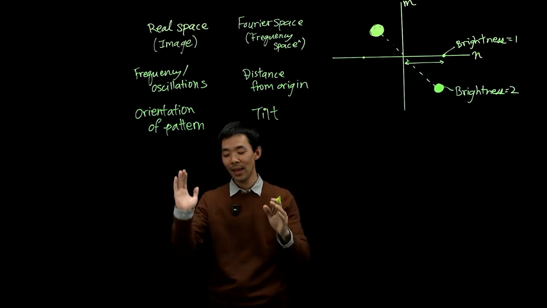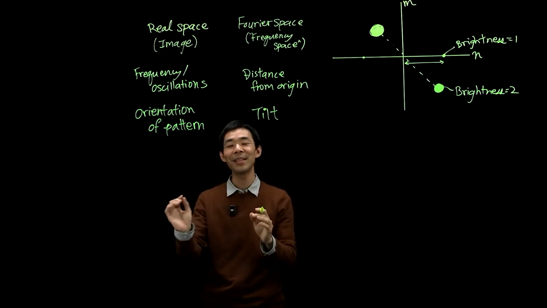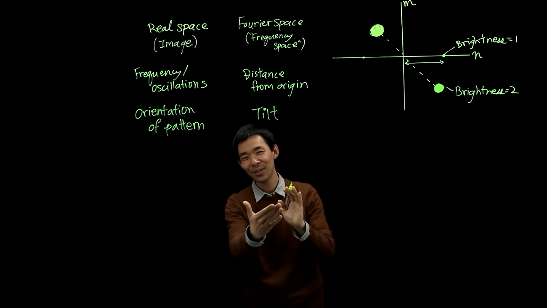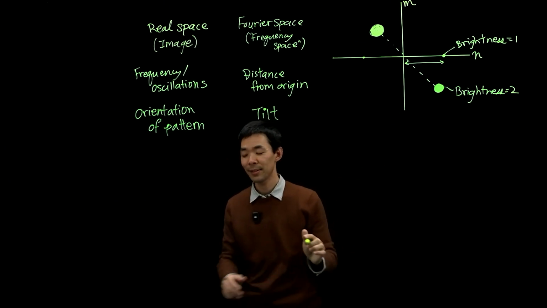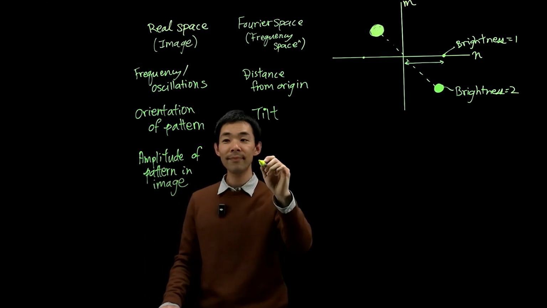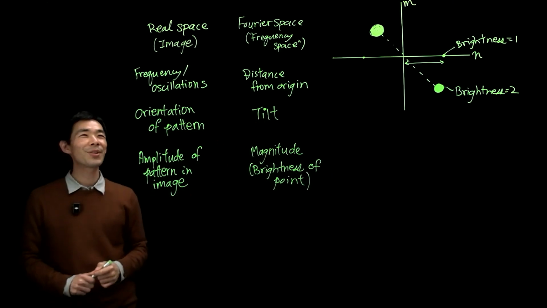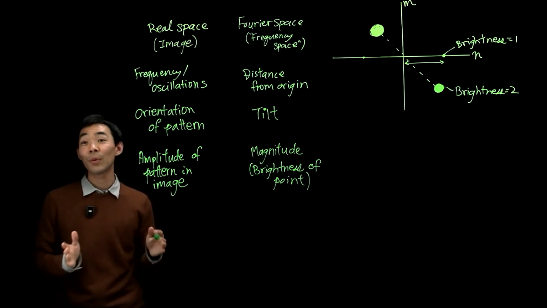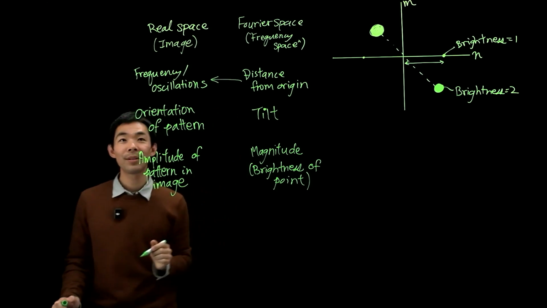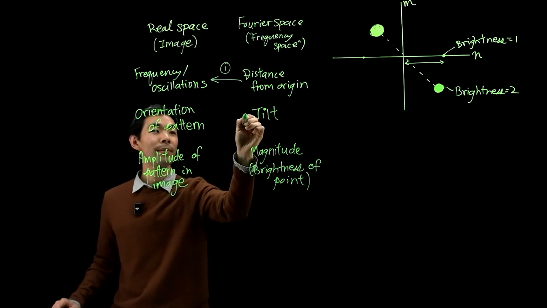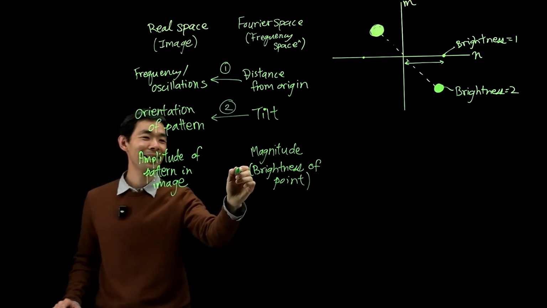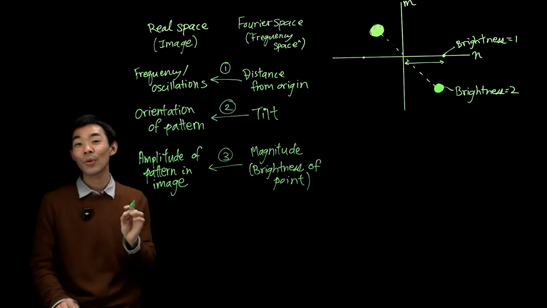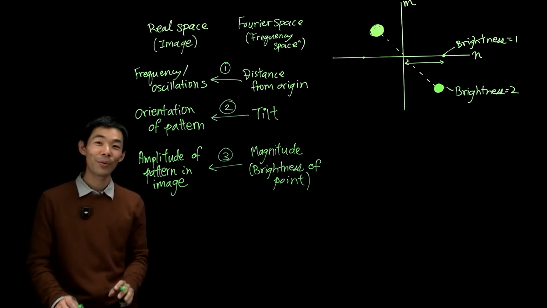Lastly, the amplitude of the pattern inside your real space image comes from the brightness or the magnitude of your points in the Fourier space. So it turns out that you have these three components when you're looking at a Fourier space diagram. This tells you the frequency, this tells you the orientation, and this tells you the amplitude of a particular feature or pattern or a wave inside your real space image.